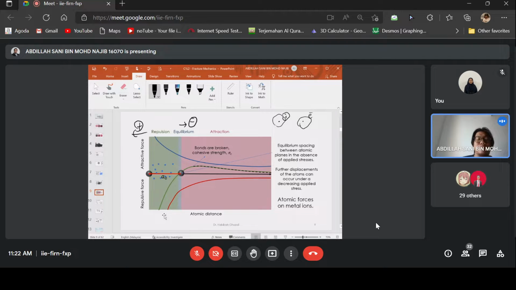This zero, the sum of the forces, is zero. As we bring them away, the repulsion force decreases at a higher rate than the attraction force.